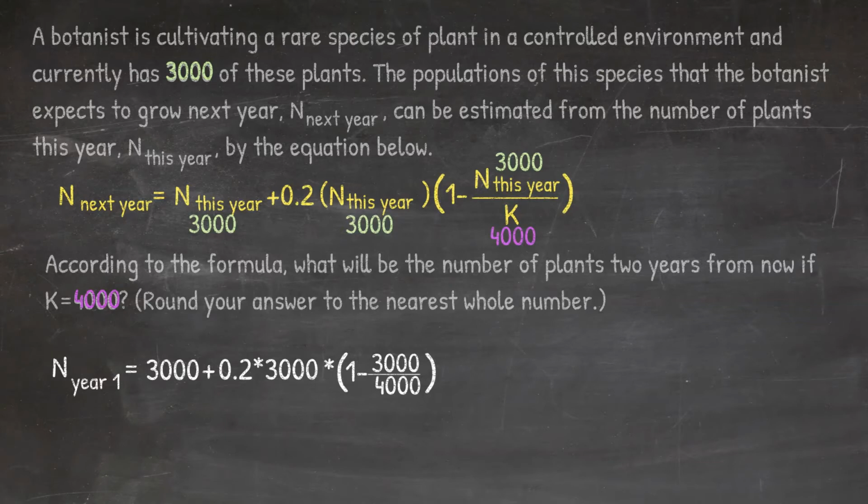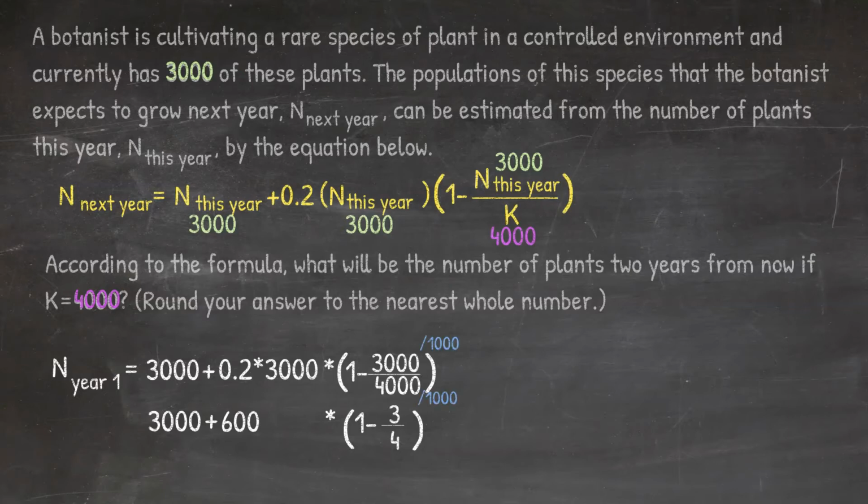And let's simplify. 3,000 plus, multiplying 0.2 by 3,000, we get 600, times 1 minus, and 3,000 divided by 4,000 equals 3/4. We would just divide both numerator and denominator by 1,000 to get at that.